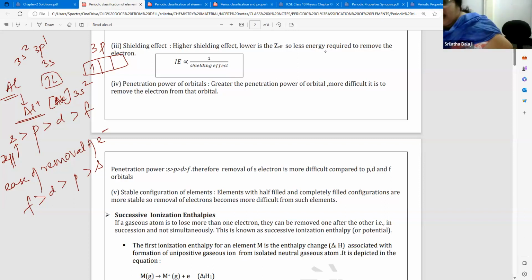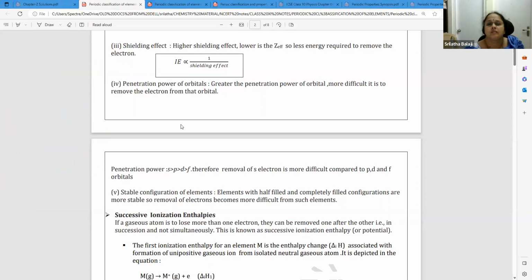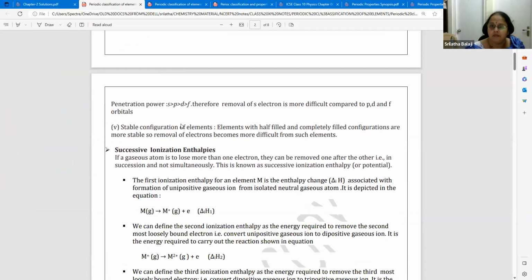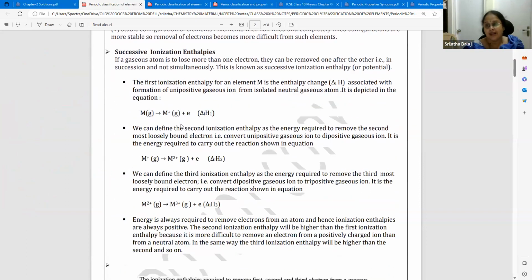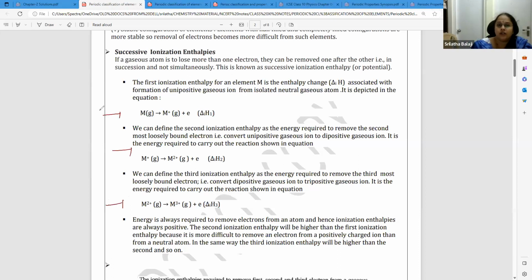Now, successive ionization enthalpies. What I mean by successive is one after the other. Like removal of first electron, removal of second electron, removal of third electron.